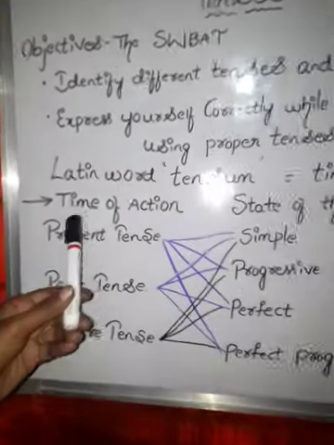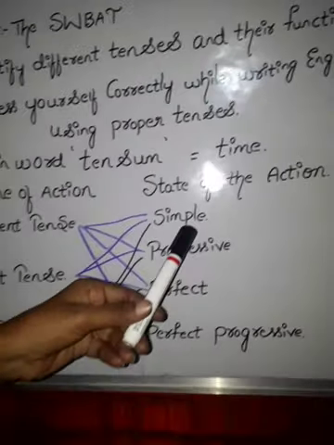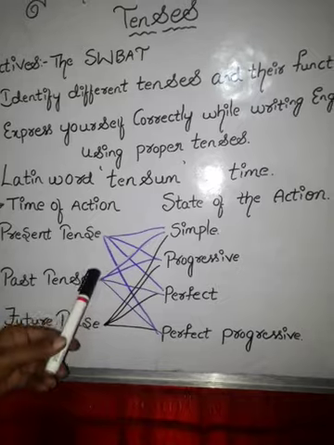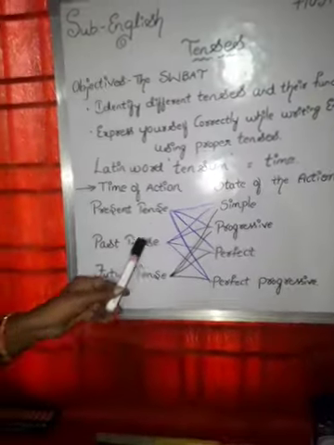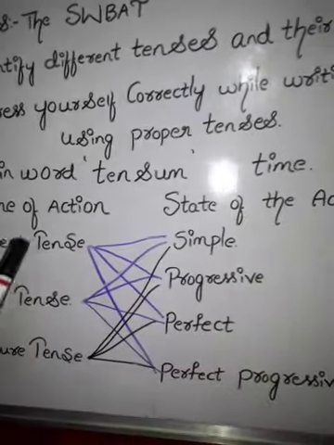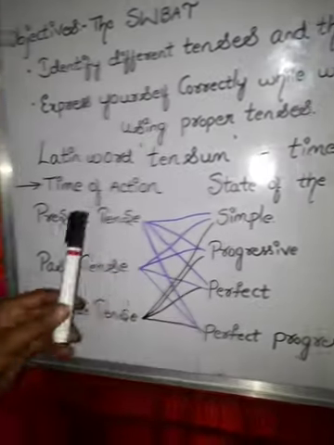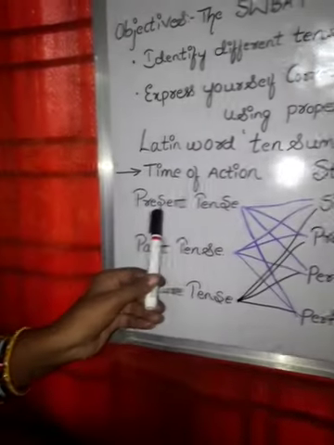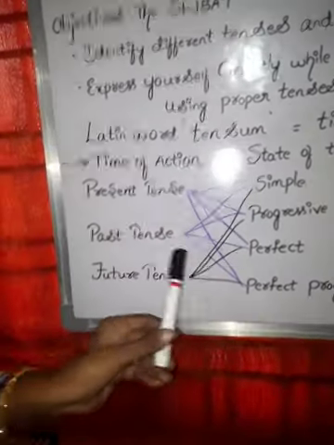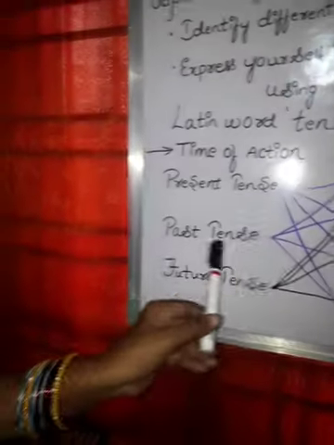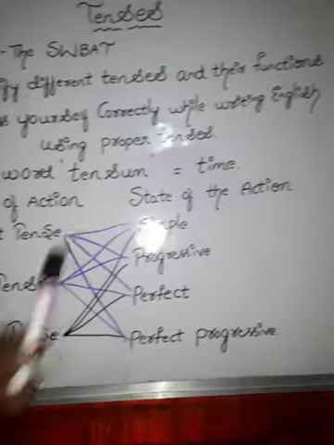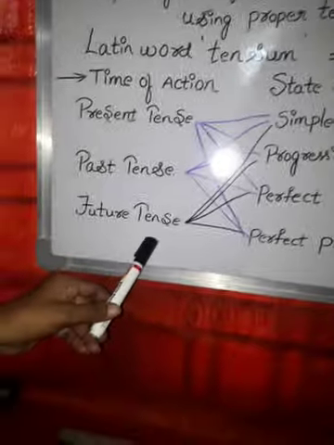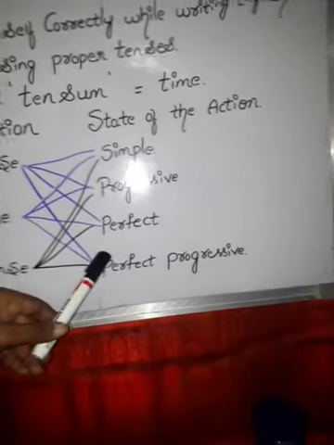So based on the time of action and state of the action, there are completely 12 tenses in English. They are present simple tense, present progressive tense, present perfect tense, present perfect progressive tense, past simple, past progressive, past perfect, past perfect progressive, future simple, future progressive, future perfect and future perfect progressive.